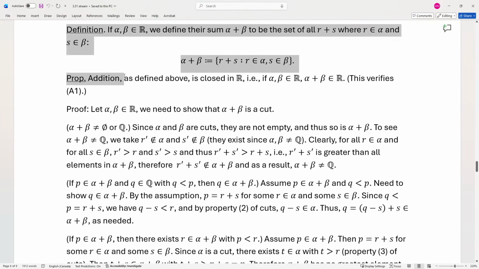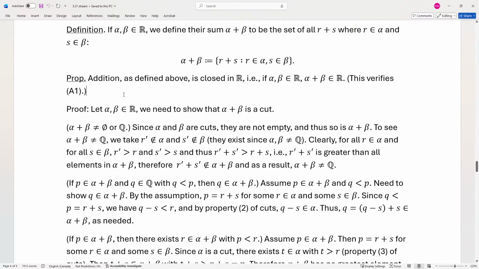Here we defined addition. The first proposition, the closure. For closure, we need to verify the three defining properties of cuts.